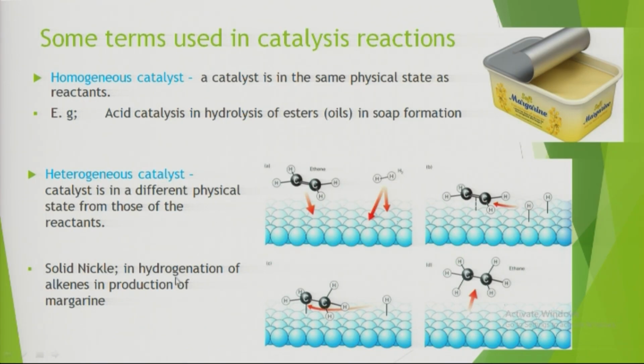It is a catalyst for hydrogenation of alkenes. That is in producing margarine. We all eat margarine. So this is the illustration of what happens. Nickel provides the surface area where these gaseous molecules get adsorbed. Nickel is a solid. The reactants are all gases. And you see how the reaction is occurring.